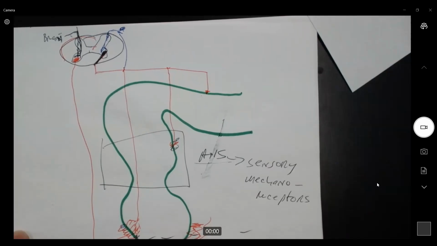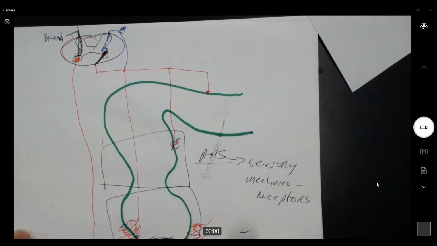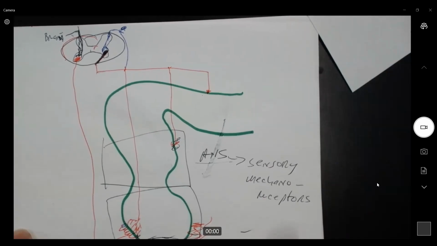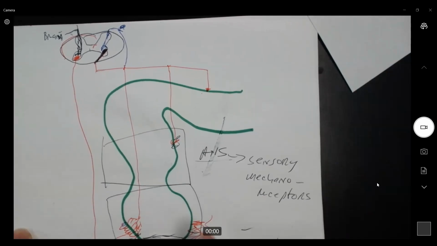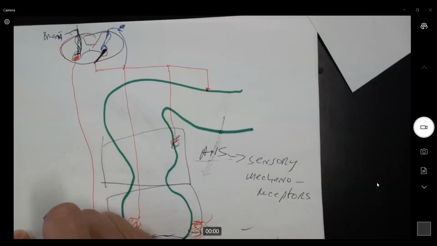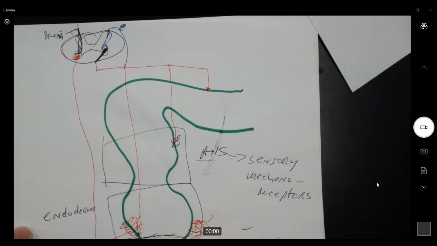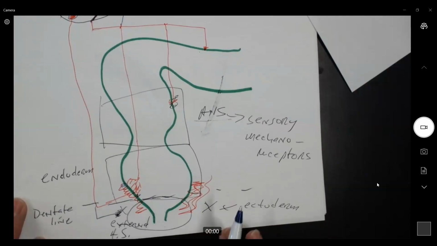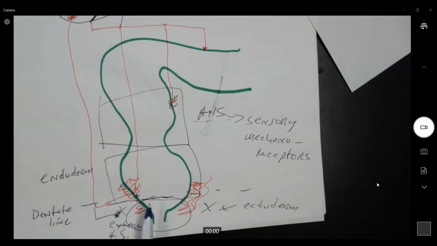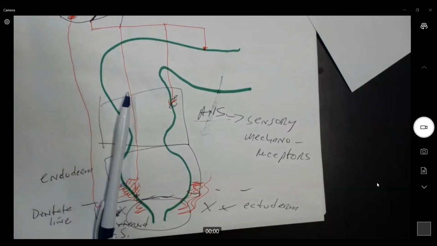That's why if you have surgery, the anesthesia only needs to be given to this area, doesn't need to be given to this area. This area is derived from ectoderm. During development, this is derived from endoderm. So the pain reception here is very different than the pain reception down here. Okay.